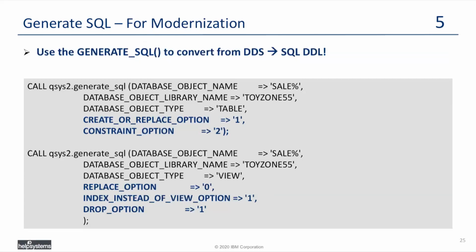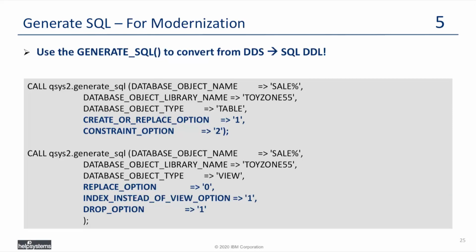What would it look like if you utilize this to go a different direction? Instead of using it to more easily change the file, we can also utilize this to convert from DDS to SQL DDL.